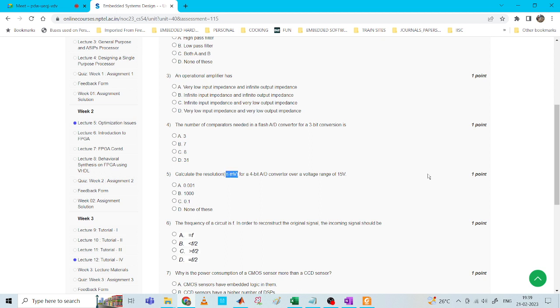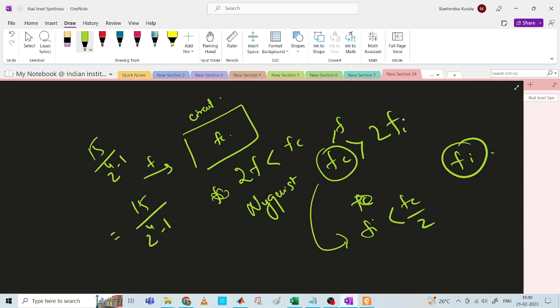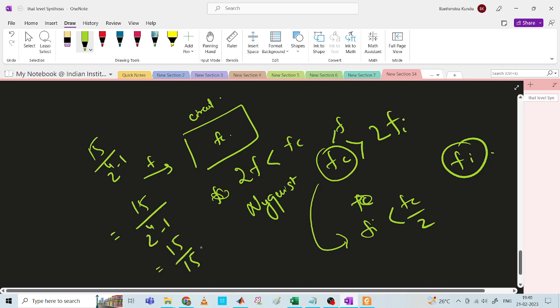The formula is 15 divided by 2 to the power 4 minus 1, which is 1.